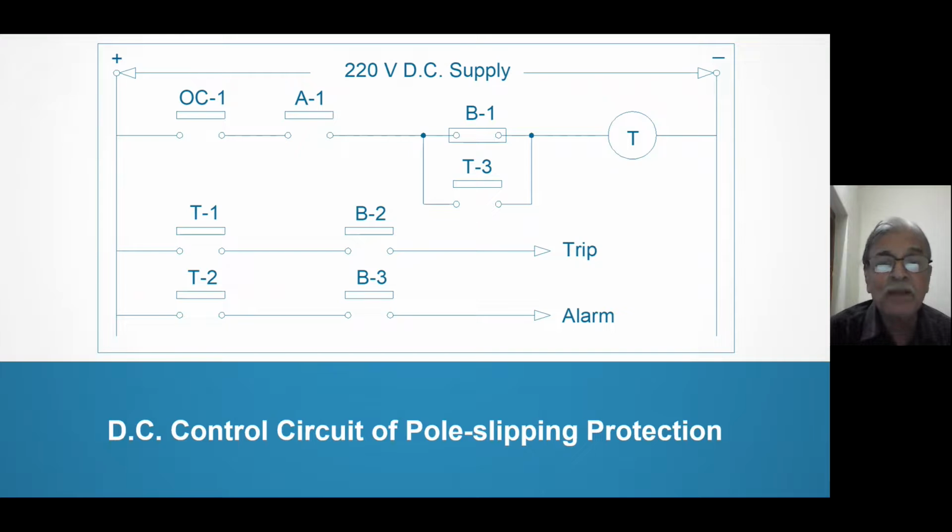So when the timer times out, T1, T2 and T3 will operate. T3 will keep the timer energized, right? Because if the timer de-energizes, then T will de-energize. So T3, because B1 is going to operate afterwards, is a hold-on circuit. T1 and T2 prepare the trip and alarm circuit.